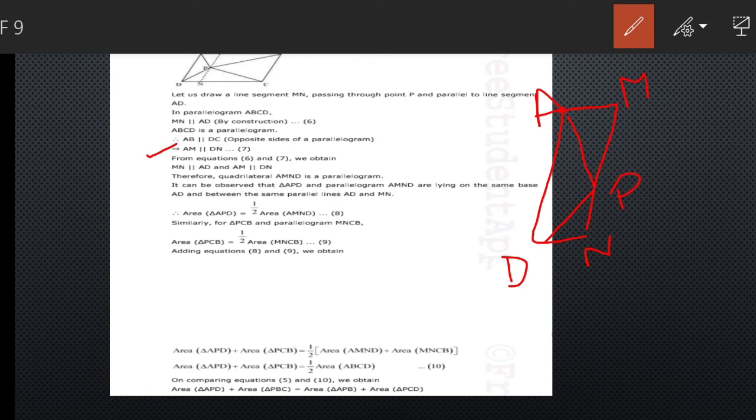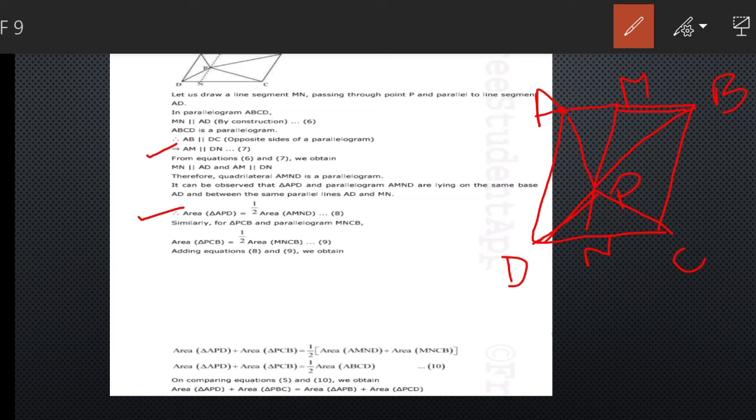So when a parallelogram and a triangle have the same base AD in this case and lie between the same parallel lines, AD parallel to MN, the area of the triangle is half of the area of the parallelogram. Using the same argument, when we add the other part of the diagram, that is BC, we have another parallelogram, MBCN. This is a parallelogram, and in this parallelogram we have a triangle BPC.